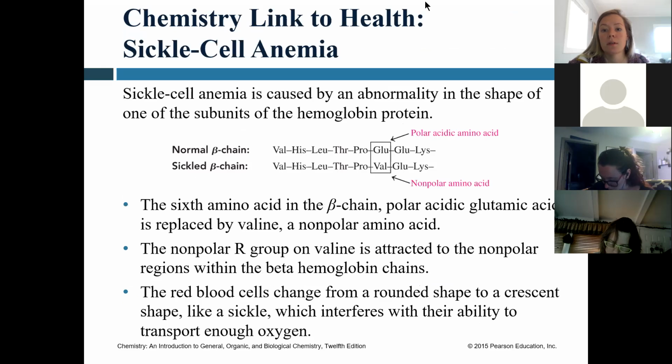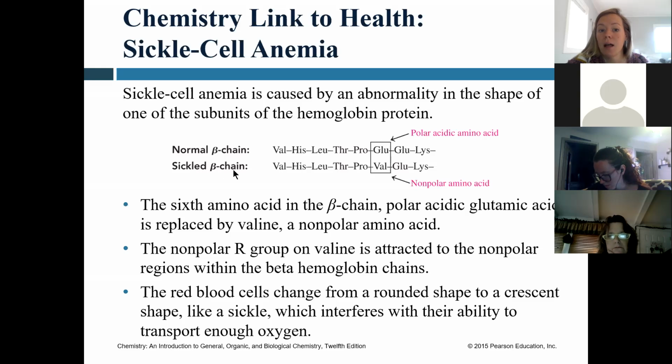So you're not gonna be tested on this, but this is kind of interesting, just for your information. So sickle cell anemia. Sickle cell anemia is caused by this abnormality in the shape of one of these hemoglobin proteins. So a normal hemoglobin chain has a glu, or a polar amino acid, right here.